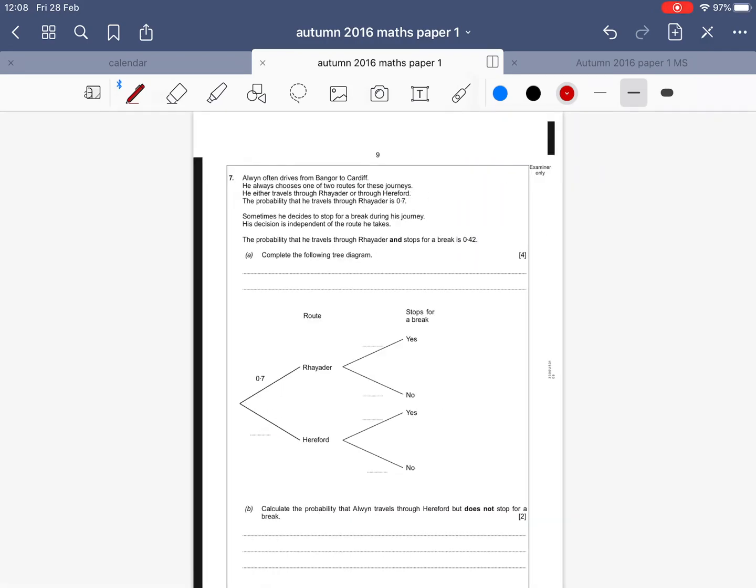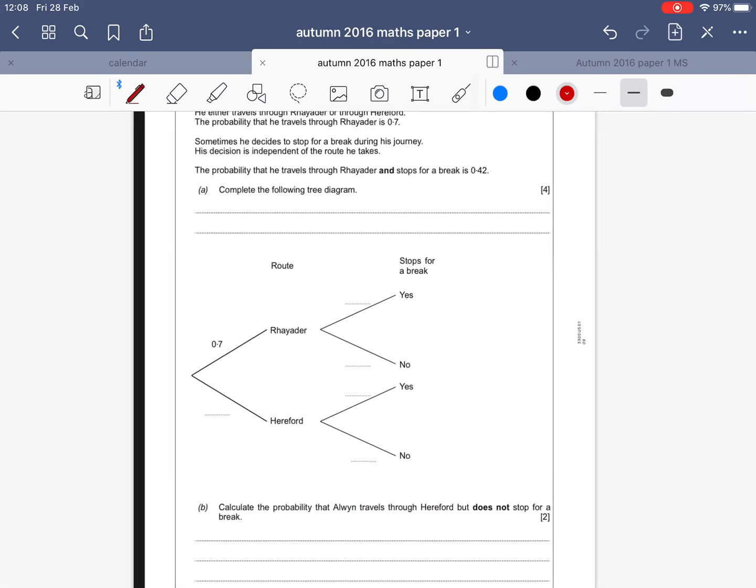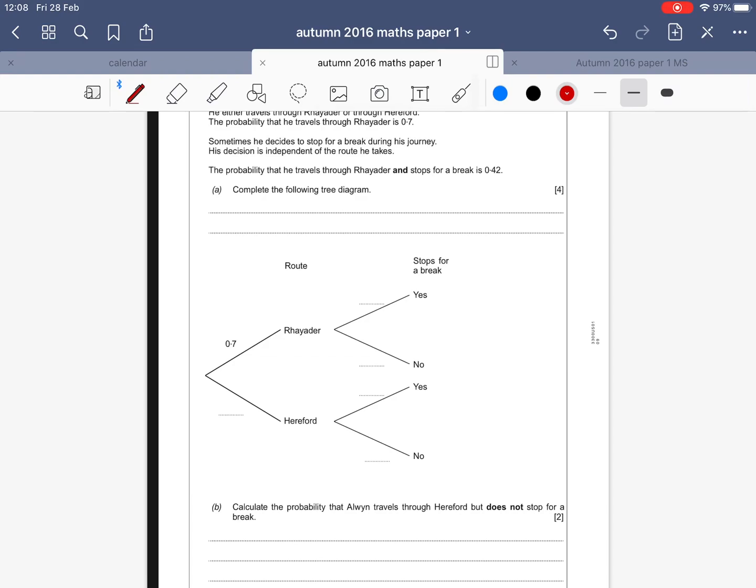Question 7, tree diagram. I don't even need to read the tree diagram to work out the Hereford. If that one is 0.7, then Hereford is 0.3. I do need to read the information for my next bit. It says the probability that he travels through that place and stops for a break is 0.42. So if he does this and this, he gets 0.42.